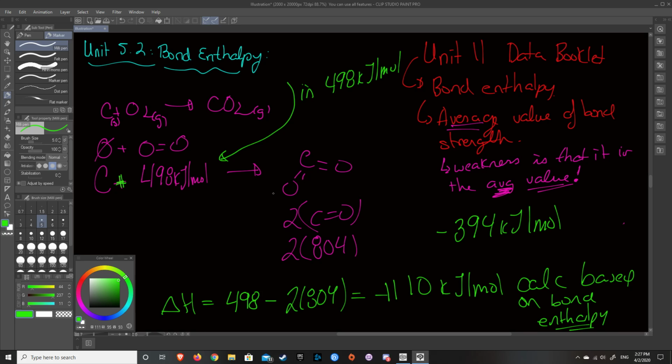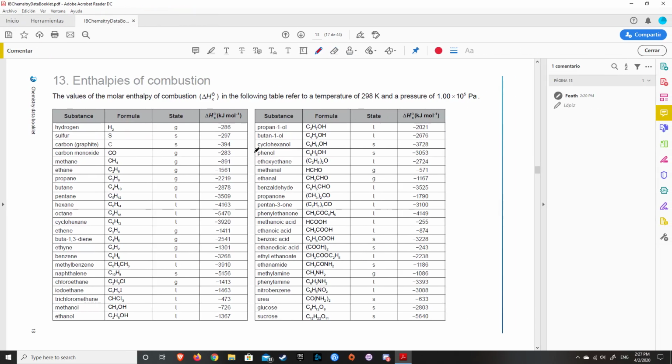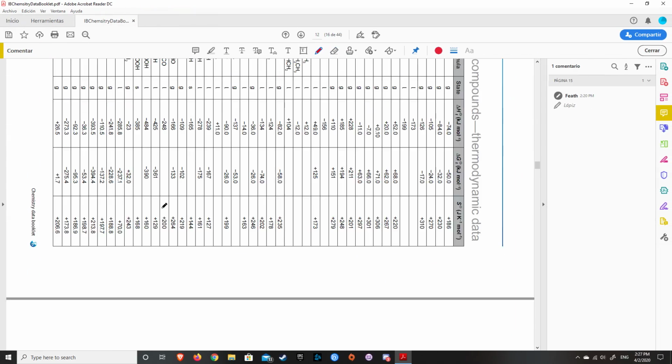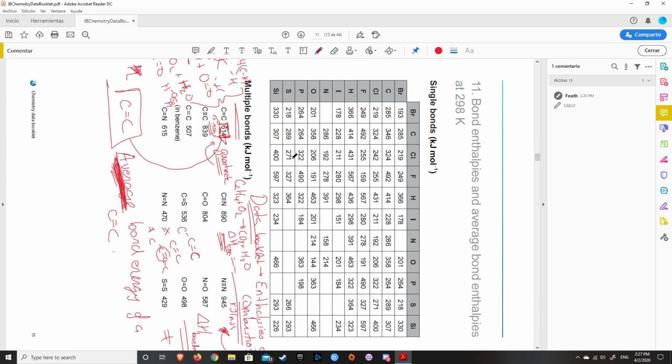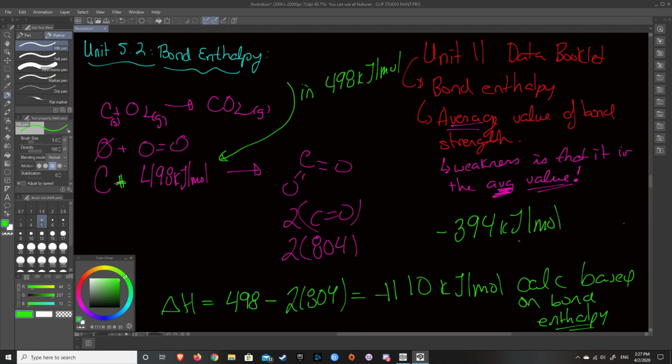Carbon 498 minus 2 times 402, 12. Seems close. Give me a second. 346. So yeah, in this case, we can't really even compare them, right? We can't compare carbon in a standard state, just a carbon atom.